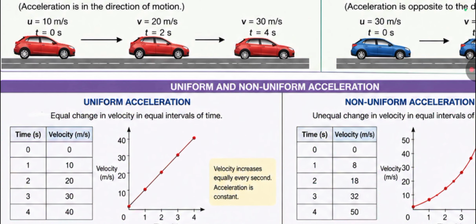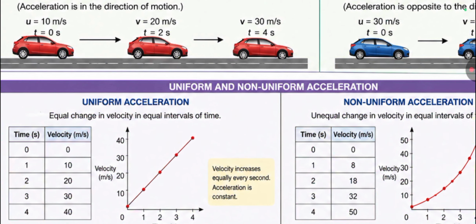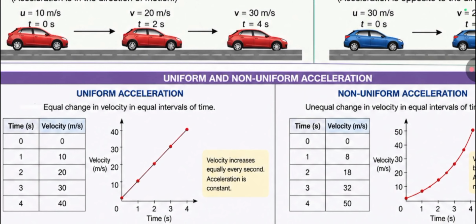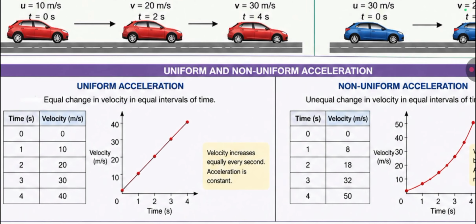In 3 seconds the velocity is 30 meter per second. In 4 seconds the velocity is 40 meter per second. The velocity and time graph is indicated here. As the time increases, the velocity also increases. So the velocity increases equally every second.